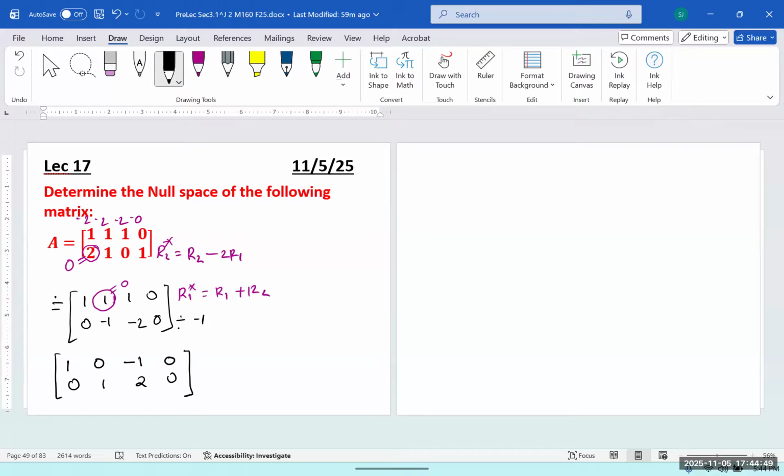I forgot to ask you the question. How many variables do we have here? 4 variables. This is x1, this is x2, this is x3, this is x4. And how can you tell?